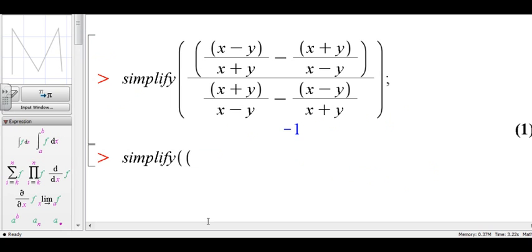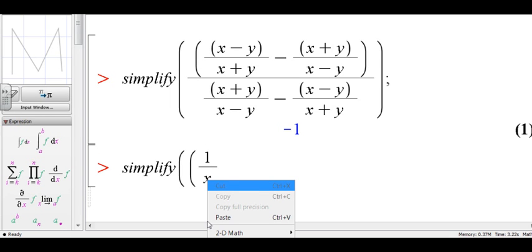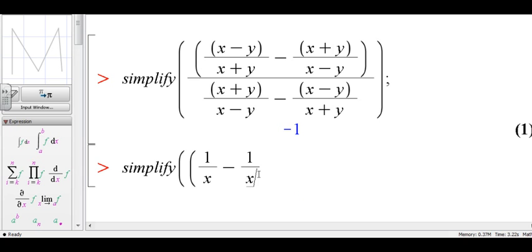All right, so 1 divided by x minus 1 divided by x squared minus, oh, wow, I put it in the wrong spot, minus 3 divided by x cubed.